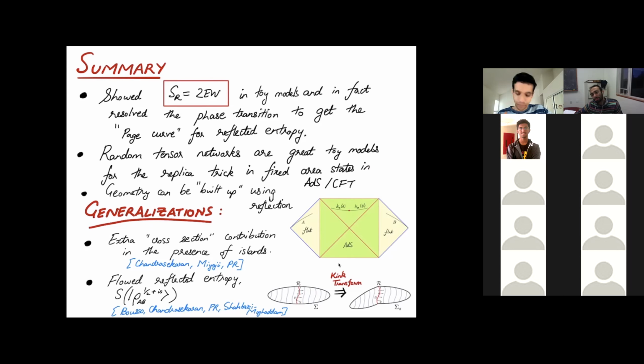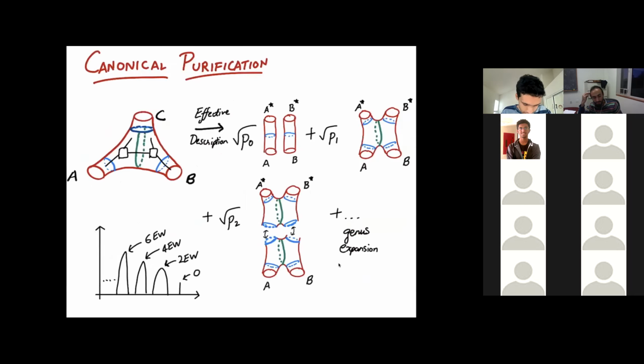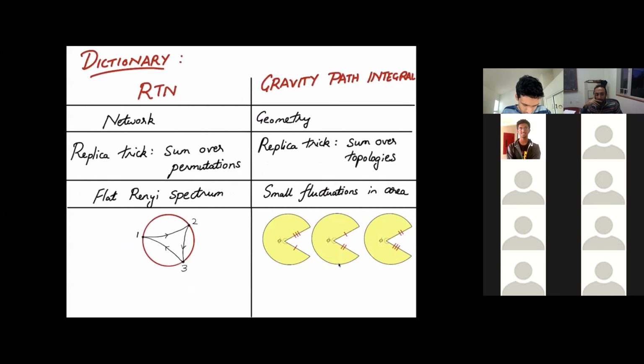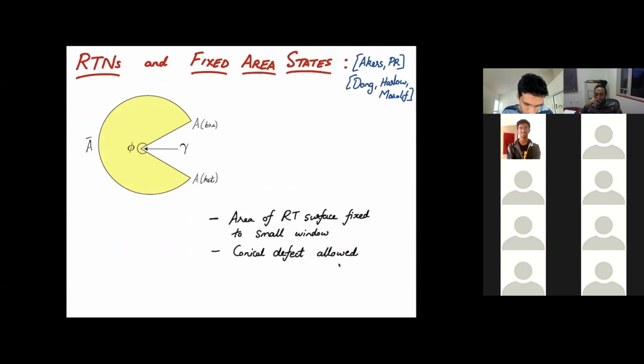When I talked about this fixed area state business, there's an issue: if you consider these full tensor networks, which are hyperbolic tensor networks, it seems like you're fixing all areas simultaneously, and that's something you can't do in geometry. In gravity, there's a non-zero commutator between them. That's the issue that needs to be resolved.